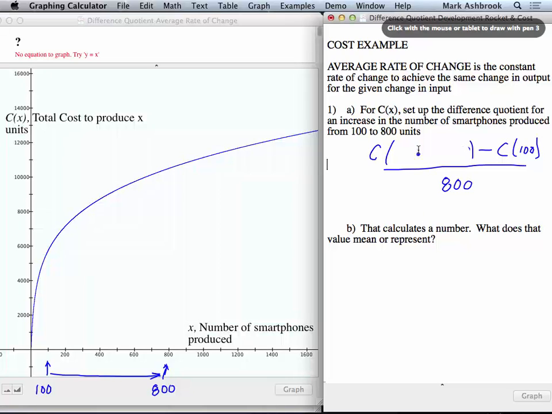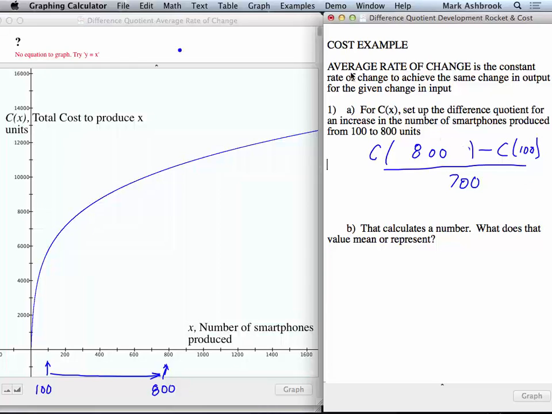It's just the final value of the number of smartphones. So we could have written it as 100 plus 700, but it's just 800. And then what's the change in the number? 700. Well, that's what you should have gotten. That's the difference quotient for this particular case.